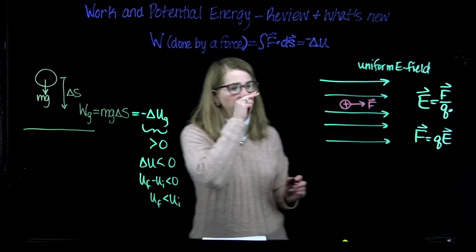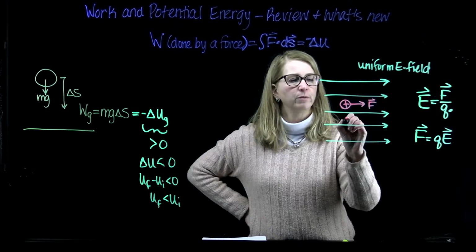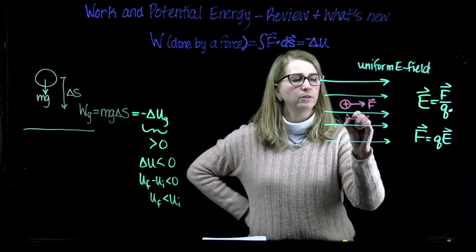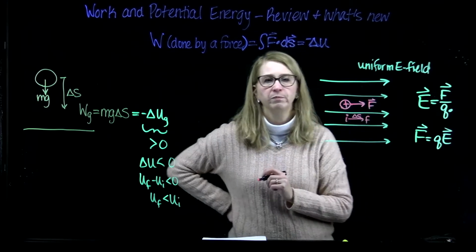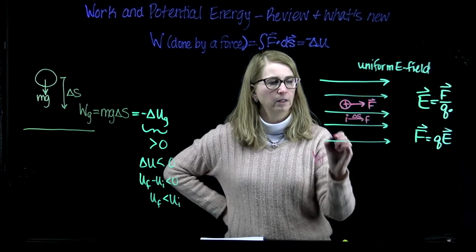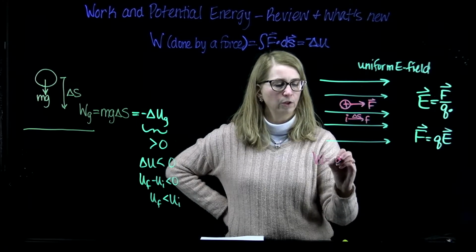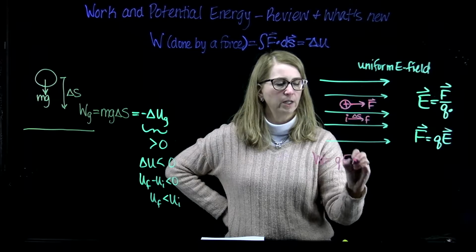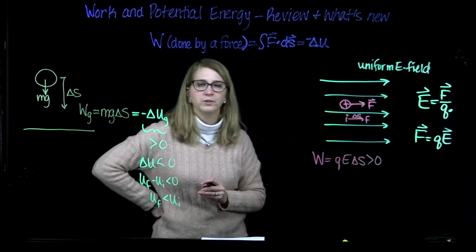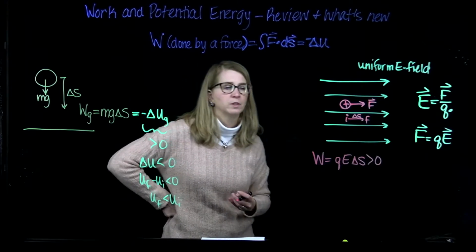So, if we imagine that this charge goes from here, its initial point, to here, and this is its delta S, we could say that the work done is equal to QE times delta S, and those were both in the same direction, so that work was positive.